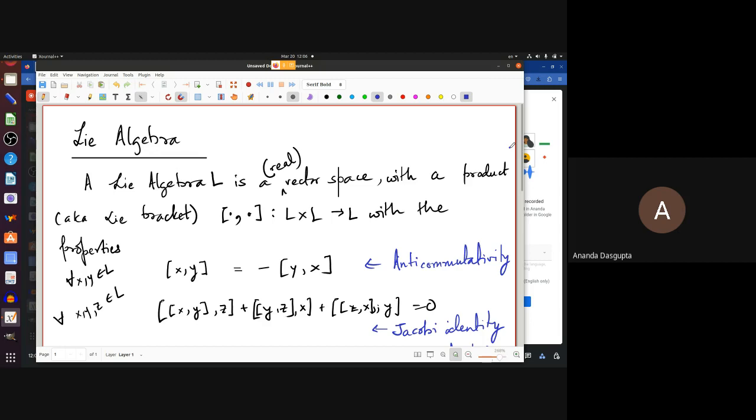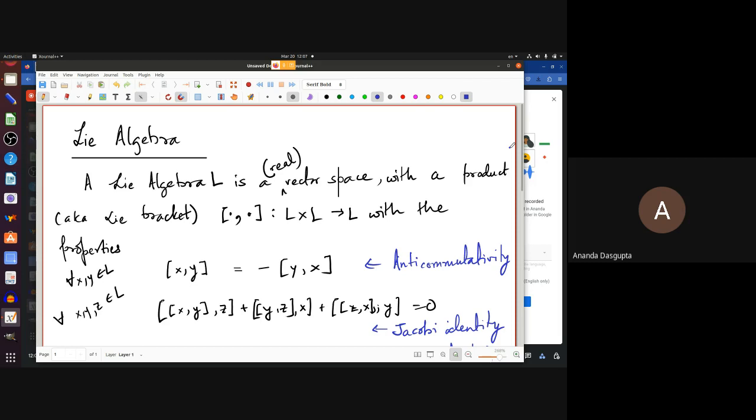And if you just look at elements close to the identity, in particular, the behavior of one parameter subgroups, then you end up with some tangent vectors to these one parameter subgroups at the identity.